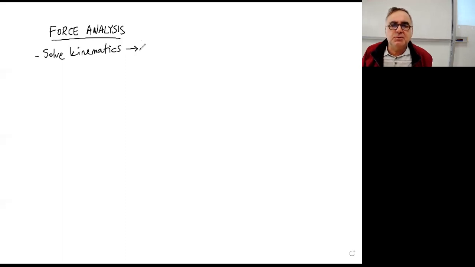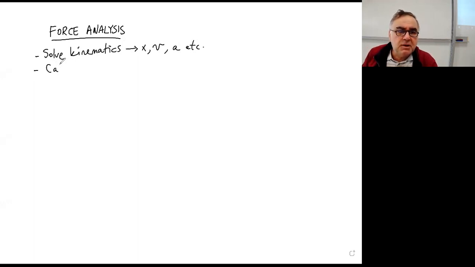Kinematics is important. You have position, velocity, accelerations, etc. This has to be determined, what kind of motion you are generating. Kinematics has nothing to do with the forces, by the way. We can design it totally without the forces.